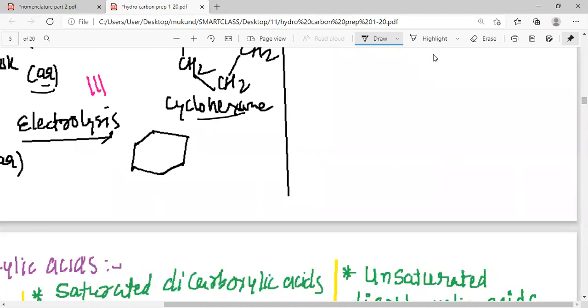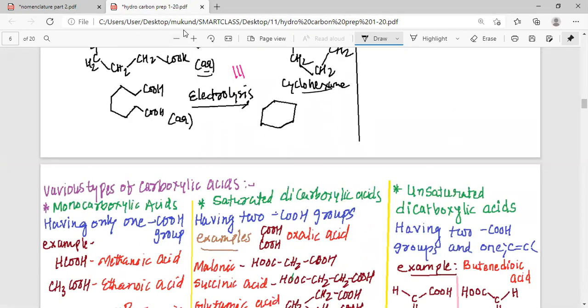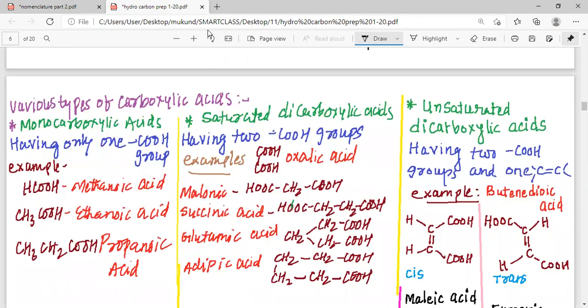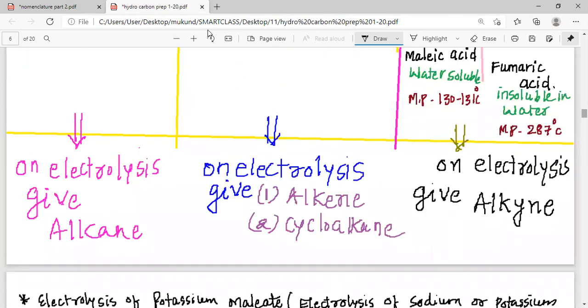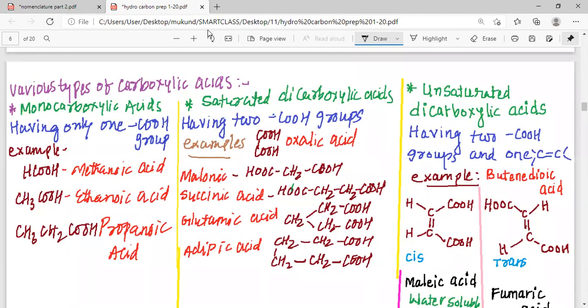So now, my dear students, we are going to study the preparation of the various alkynes that we can even prepare by Kolbe's electrolytic method. But before that, let me show you the various types of carboxylic acid that we can use, and we can prepare various other types of compounds.